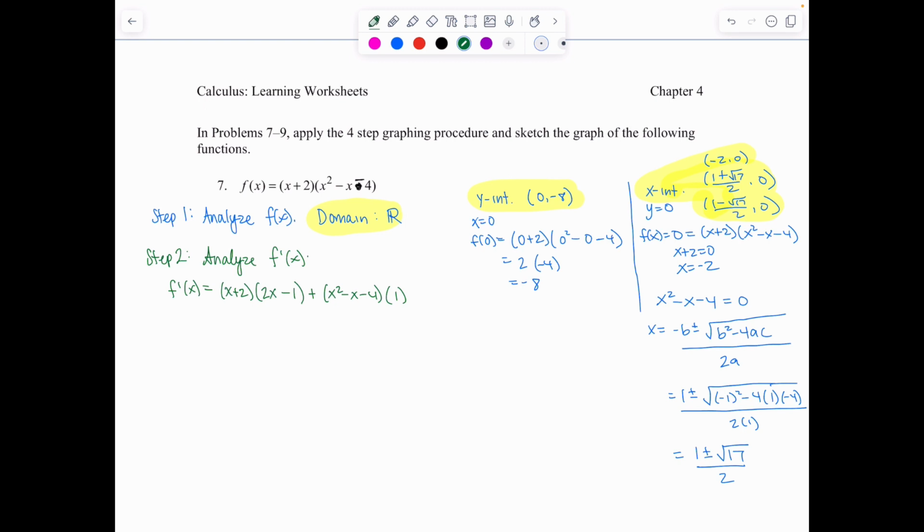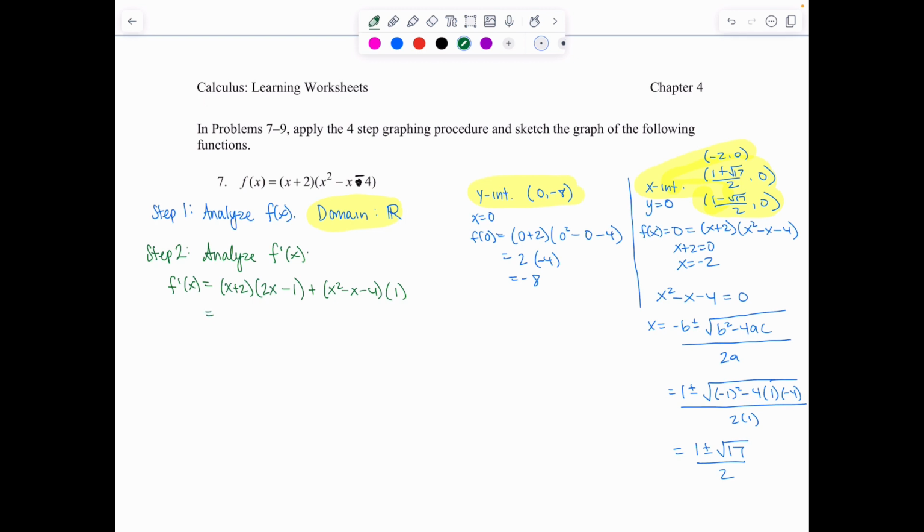Okay, so this will give us 2x squared plus 3x minus 2 plus x squared minus x minus 4. Setting this equal to 0, 3x squared plus 2x minus 6.